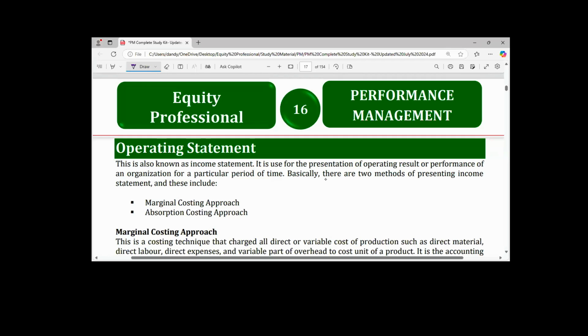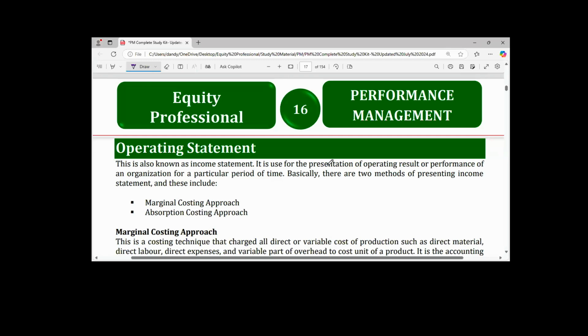We said that the absorption costing method is a concept that charges the total cost of production, including direct material, direct labor, direct expenses, variable overhead, and fixed production overhead to the unit cost of a product. And I also mentioned that the absorption costing method is a concept that relies heavily on the generally accepted accounting principles for external reporting purposes.